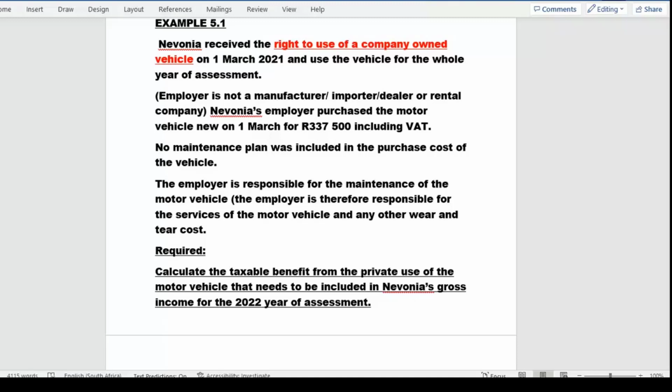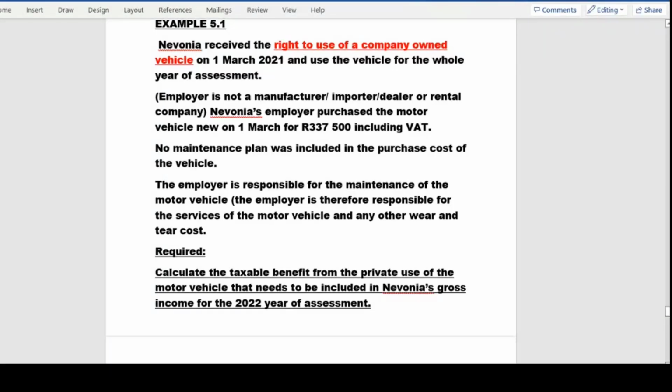Okay, let me just follow you a moment. Hold on a second. I just want to go to the question quickly. Okay, I am with you. I'm going to write the right of use of the motor vehicle.